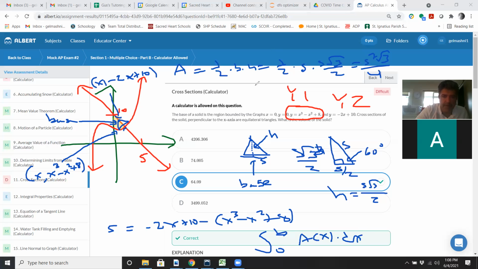So let's do some green over here. To find that point of intersection, that's why I need to punch these in. Oh, why did I just delete that? That was not smart. X cubed minus x squared plus 8. Okay, zoom, option 6.